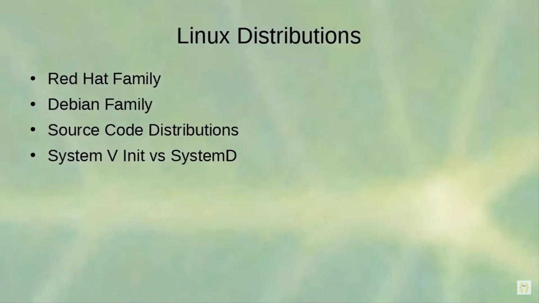You also have situations where you want to optimize your system, and Red Hat and Debian are written with generic systems in mind, and they're not really optimized for anything. So it's kind of hard to optimize a Red Hat or Debian system much. But source code can get you much more optimized. Of course, it can be much worse as well.